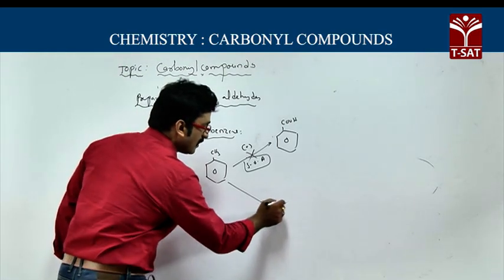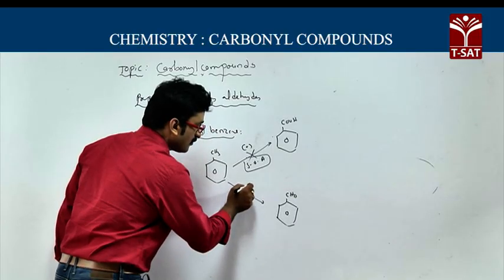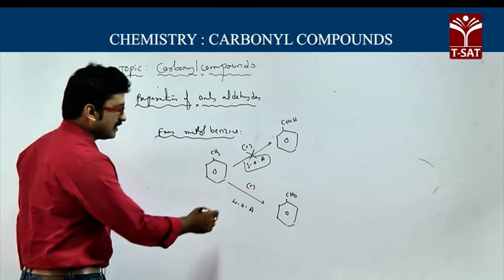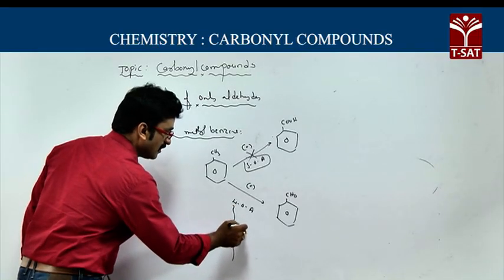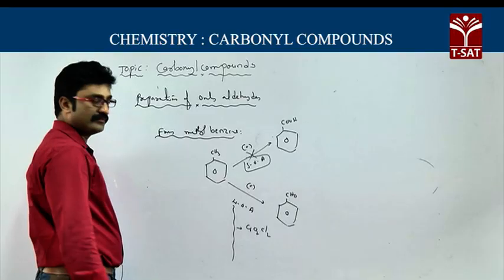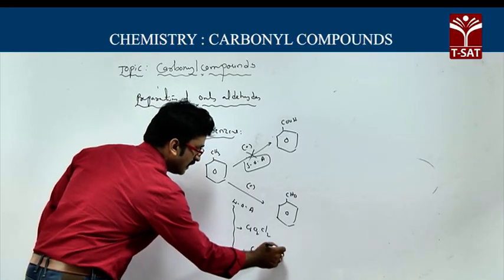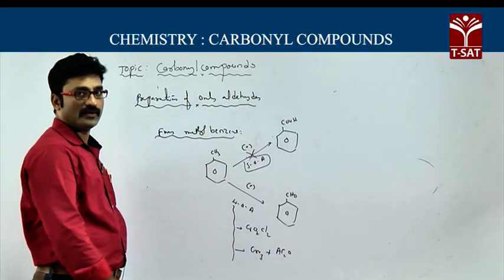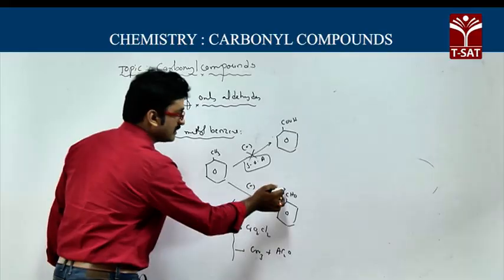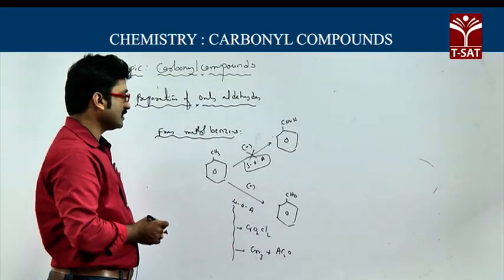We are supposed to use weak oxidizing agents. The weak oxidizing agents used in this process are CrO2Cl2, and the next one is CrO3 plus Ac2O, acetic anhydride. By using these weak oxidizing agents, we can prepare benzaldehyde from methyl benzene, or else we can say toluene.